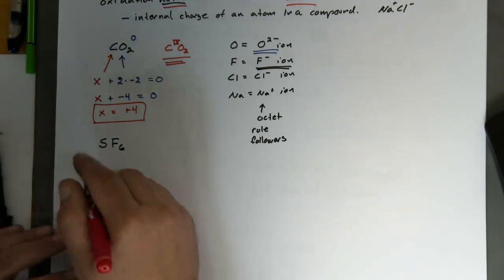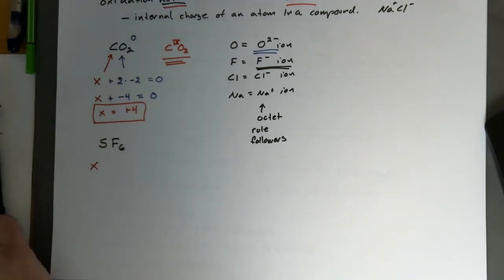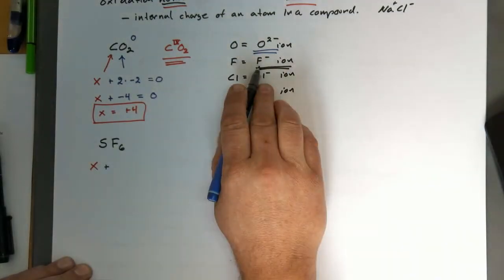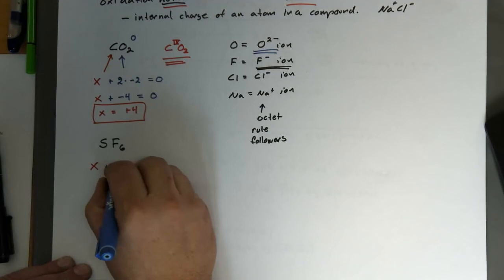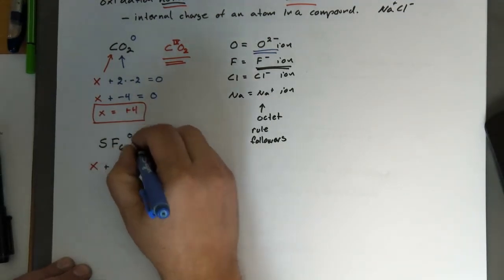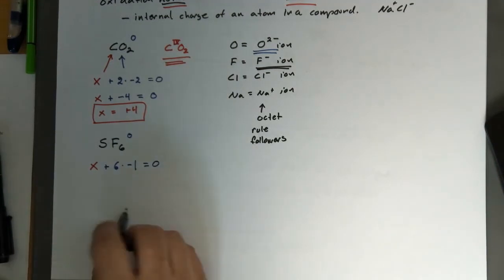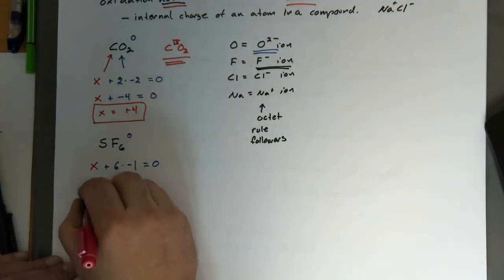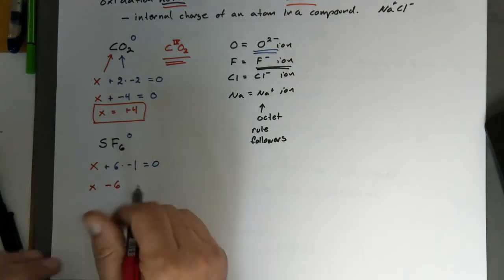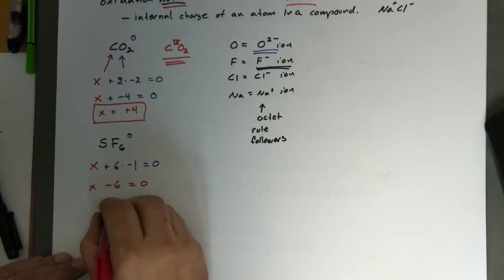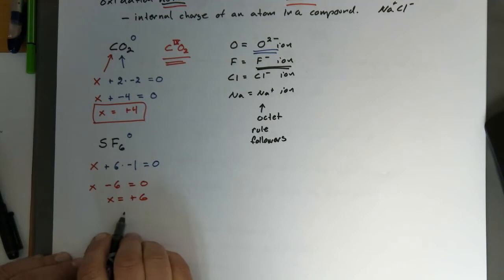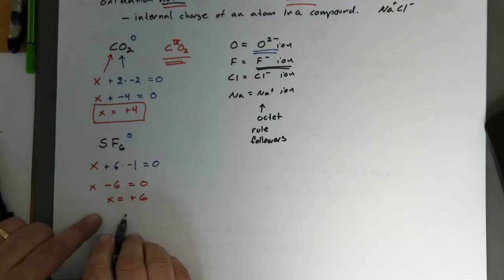So again, X plus minus 1 times 6, so 6 times minus 1, and the overall charge is 0, so this is equal to 0. X minus 6 equals 0. X is equal to plus 6. So the oxidation number on sulfur is plus 6.